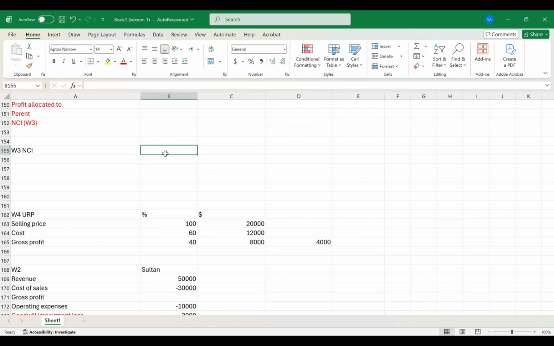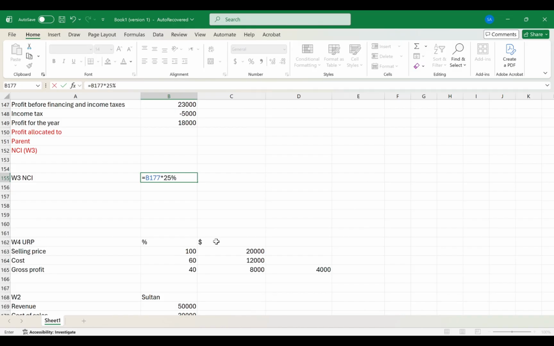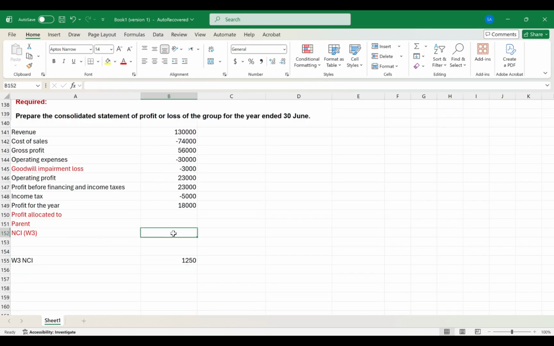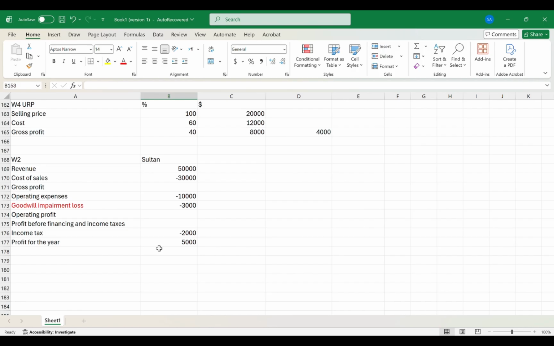So here it would be this profit into 25% NCI percentage. So this is NCI 1 to 50. So here it's 1 to 50. If you see here, this is the profit allocated to NCI.